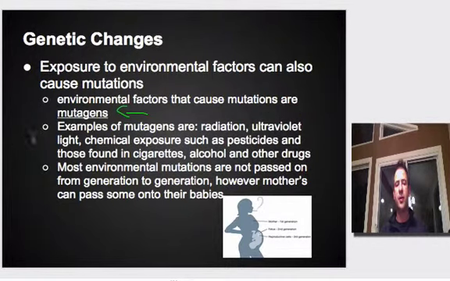Those can cause mutations, and those would be called mutagens. Most of these environmental mutations are not passed on from generation to generation. However, there are some cases where the mother can pass them on to their babies.